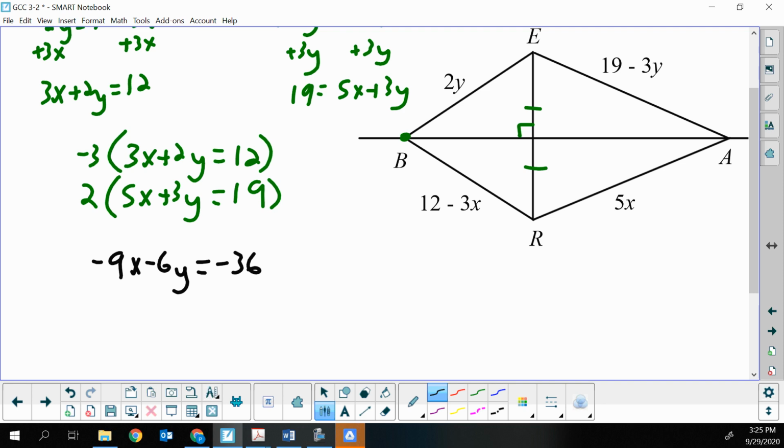And we'll have 10x plus 6y equals 38. And add these together, and we'll just get x equals 2.